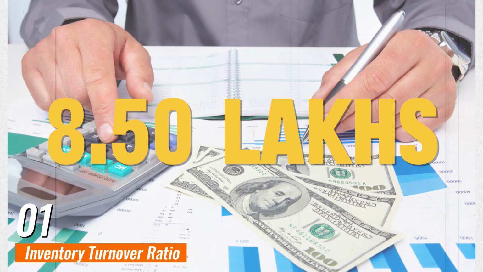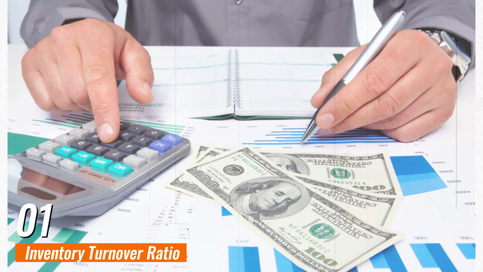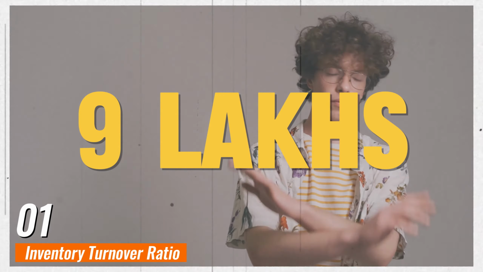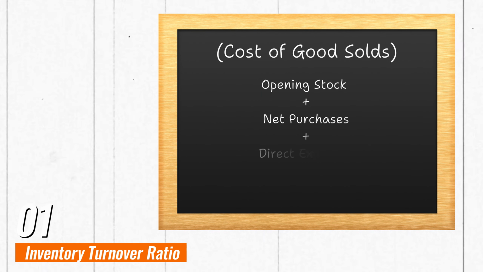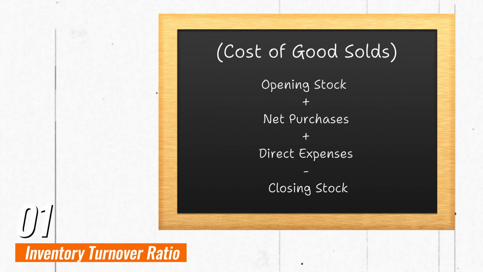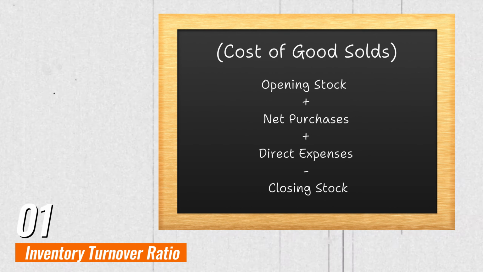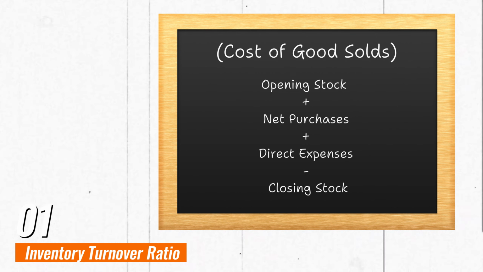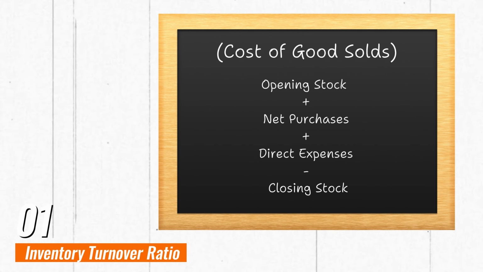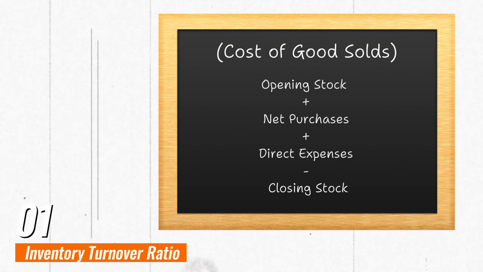The cost for those goods that have been sold in the market is only 7 lakhs and not 9 lakhs. That's why the formula is opening stock plus net purchases plus direct expenses minus the closing stock, because that's the stock which is left with us, which is unsold. So it has to be deducted from the ultimate amount of the production cost.